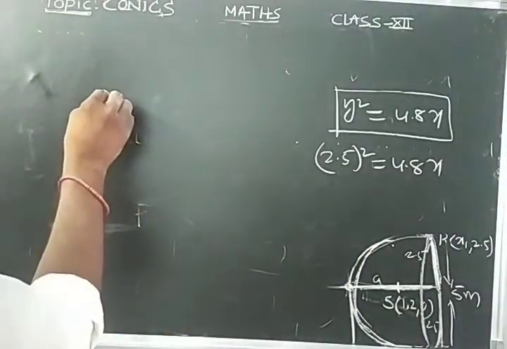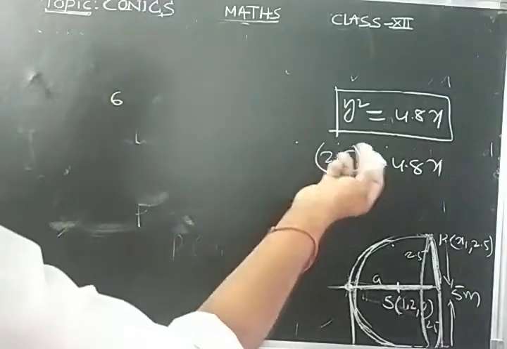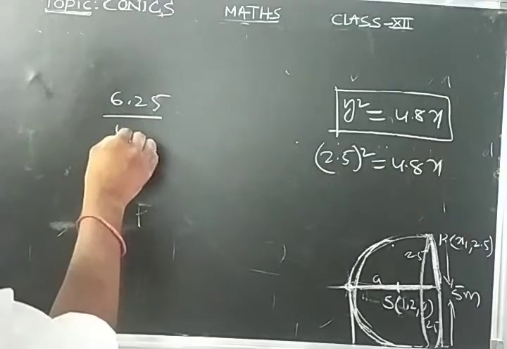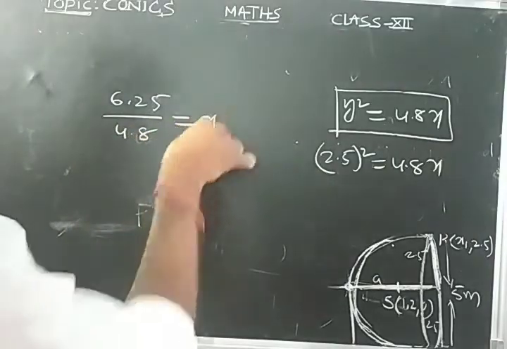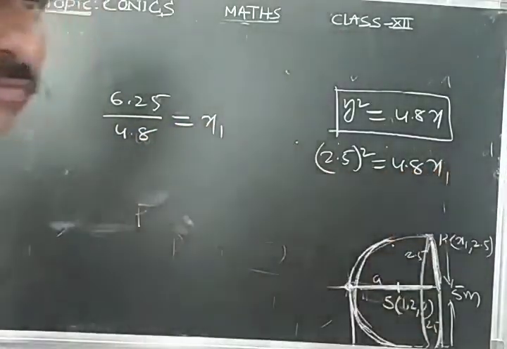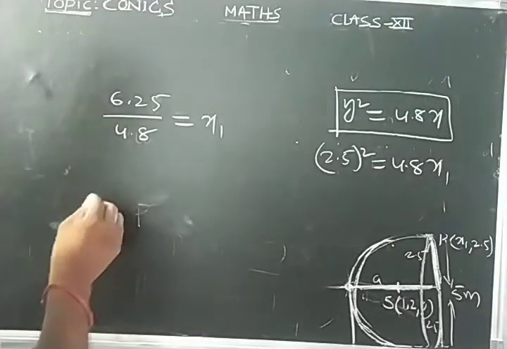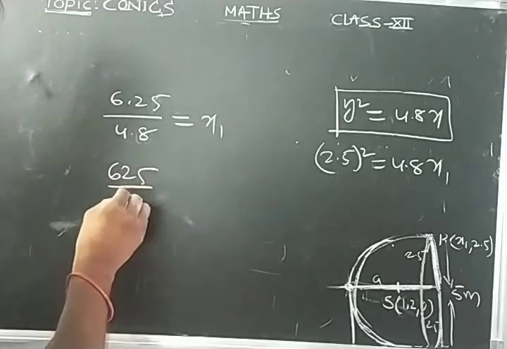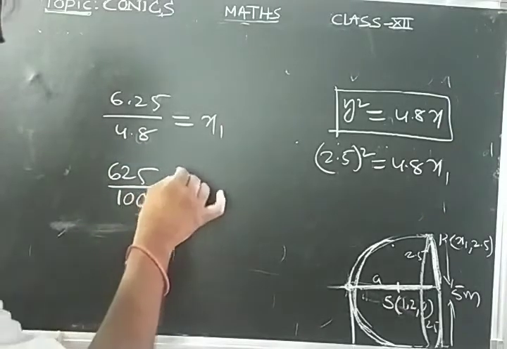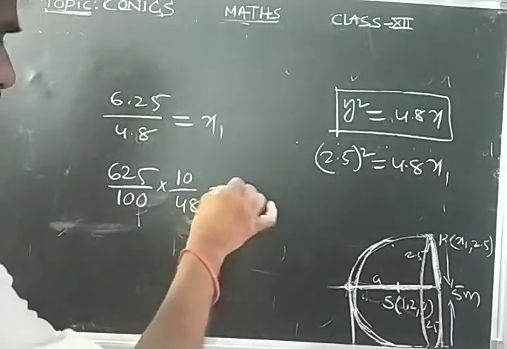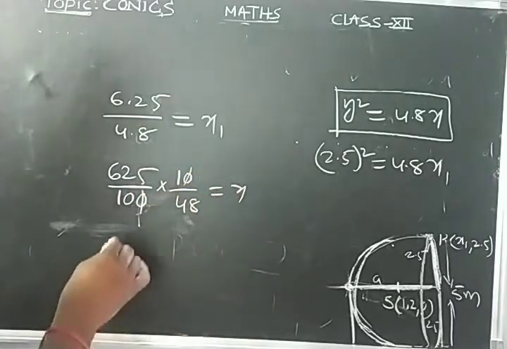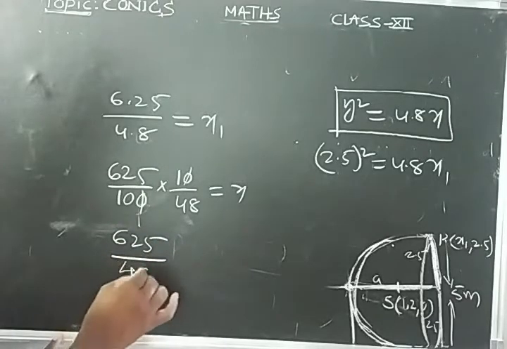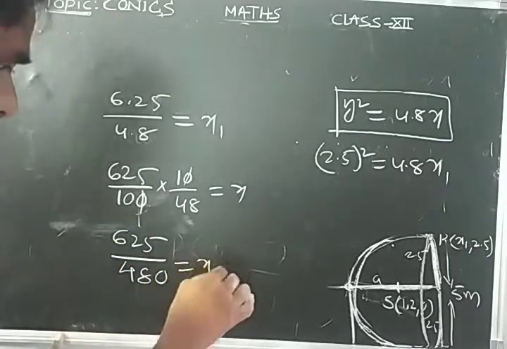Now 2.5 squared is 6.25, so 6.25 by 4.8 is equal to x1. Simplifying, 625 by 480 is equal to x1.